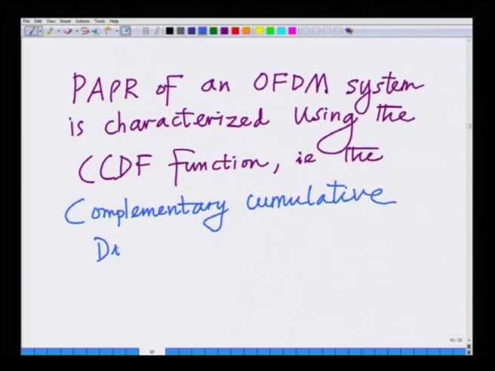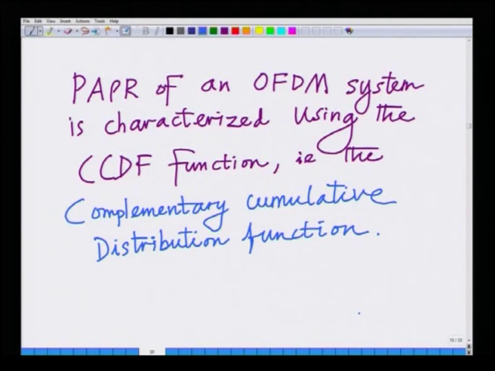This is characterized using the complementary cumulative distribution function.